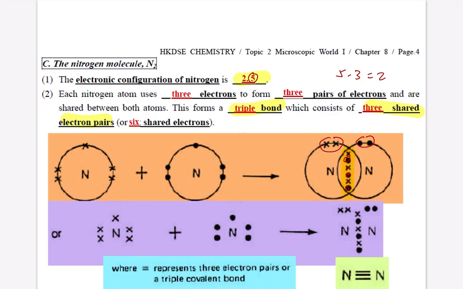And for these 2 electrons here, they don't form a bond. Then we call it a lone pair. If they don't form a bond, they are called a lone pair. These 3 pairs are bond pairs. Bond pair and lone pair. Alright, so we have already introduced a bunch of terms.